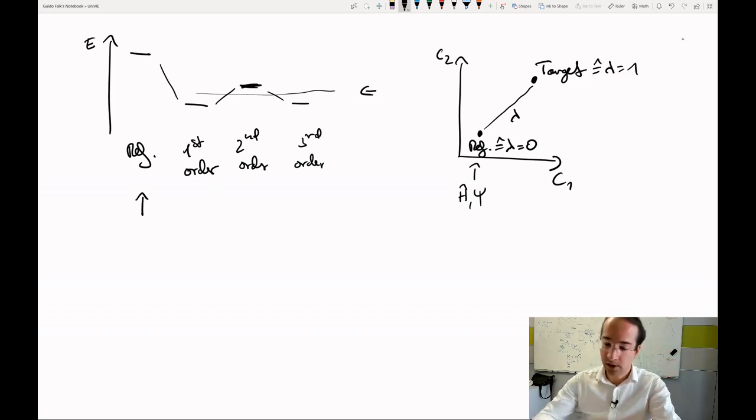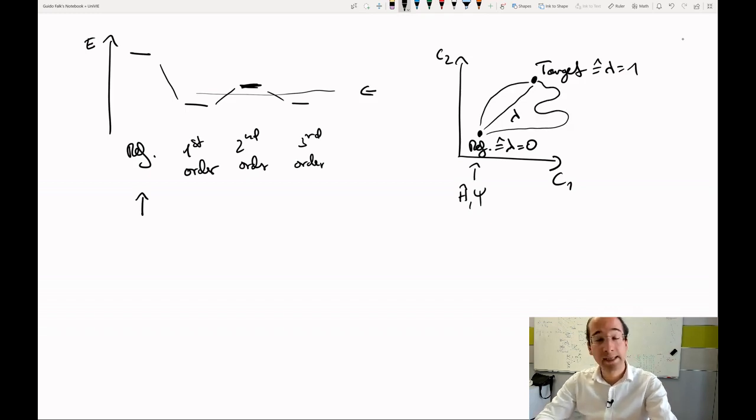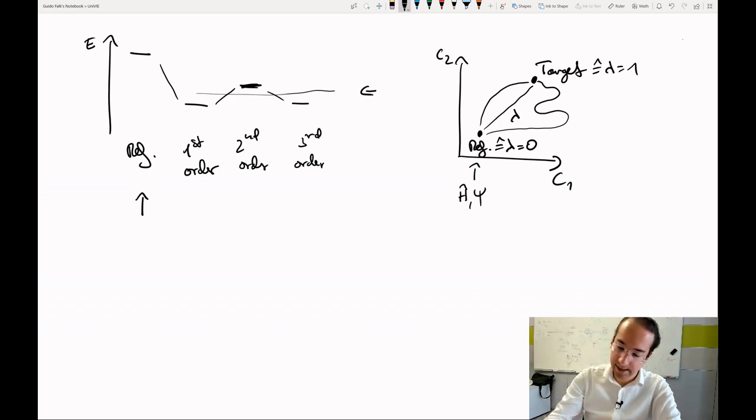That is most important because this means that we can pick any path we like, it can look arbitrarily complex, as long as they begin and end at the same points. We will, of course, choose some path that is convenient to evaluate for practical purposes, but the main requirement here is that this difference that we integrate over to get from reference to target shall not depend on the path. This is called the state function.